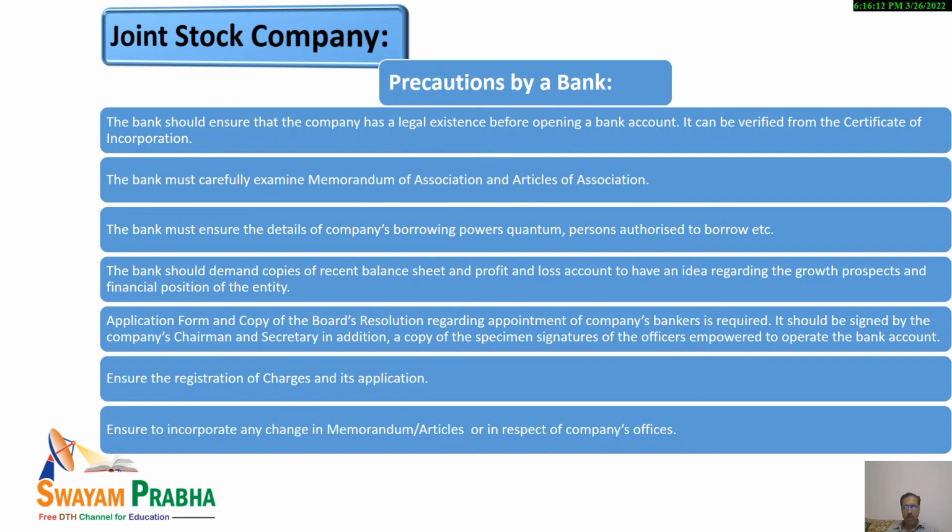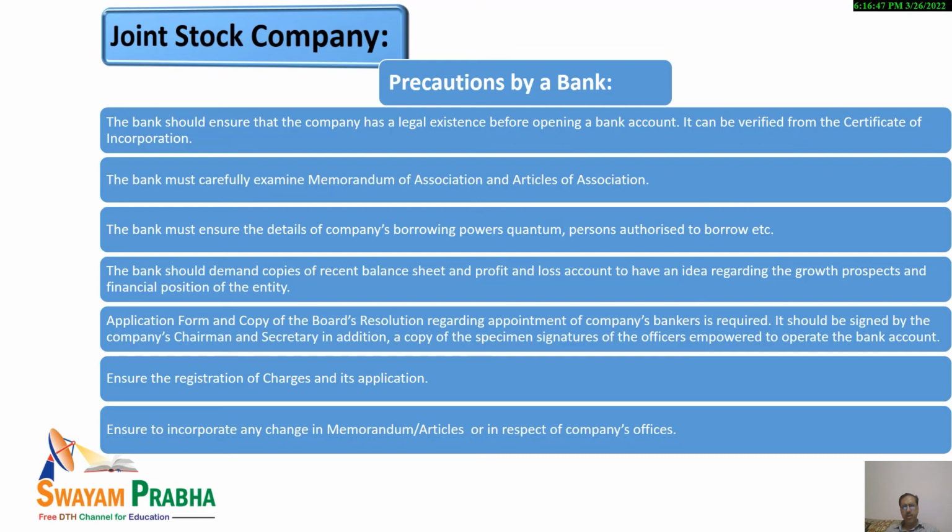And in case of companies, you see borrowing powers are there, and charges may be there, registration of charges may be there. So regarding registration of charges, banks should be very much vigilant, and in case some amendment is there in the memorandum or in the articles, it may be regarding shifting of registered office, or relating to object clause, or liability clause, or capital clause.